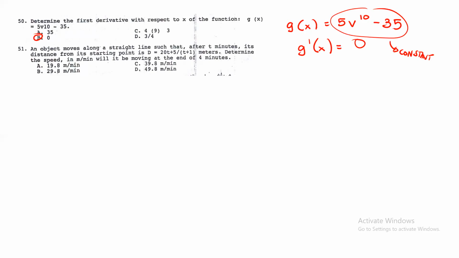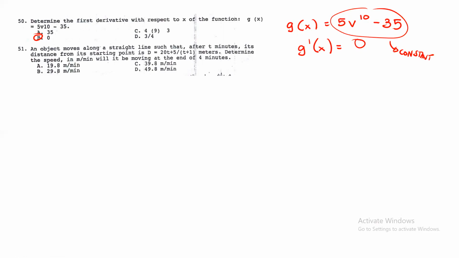Then 51: an object moves along a straight line such that after t minutes, its distance from its starting point is d equals 20t plus 5 over t plus 1 meters. Determine the speed in meters per minute at the end of 4 minutes.